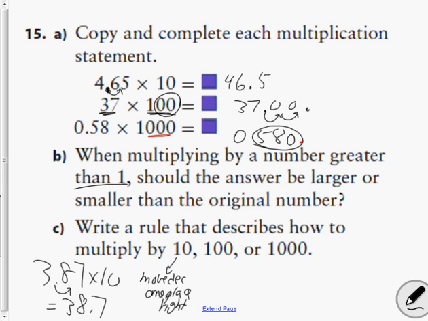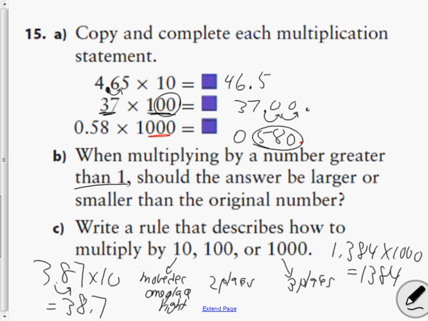That would be the rule for multiplication by 10. For multiplication by 100 is move it 2 places. And for multiplying by 1,000, you move it 3 places. So one final example, if I have 1.384 multiplied by 1,000, my answer will be 1,384 because I move it once, twice, 3 times.